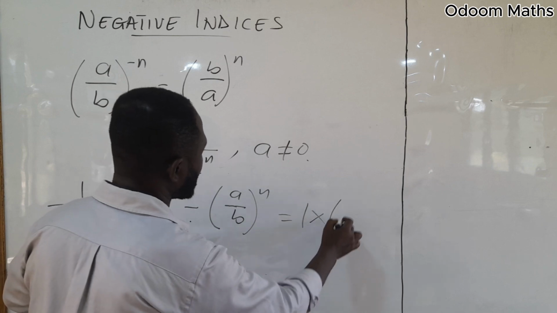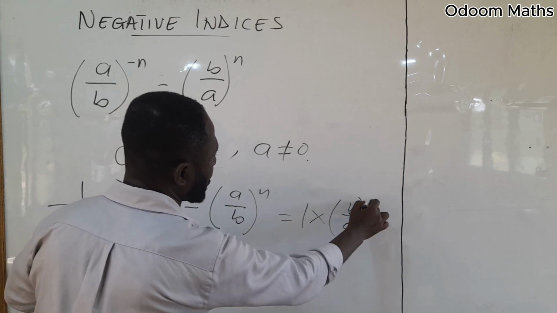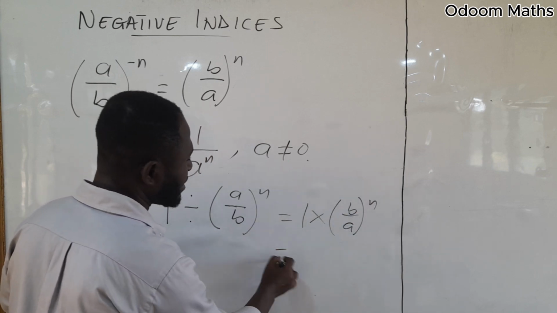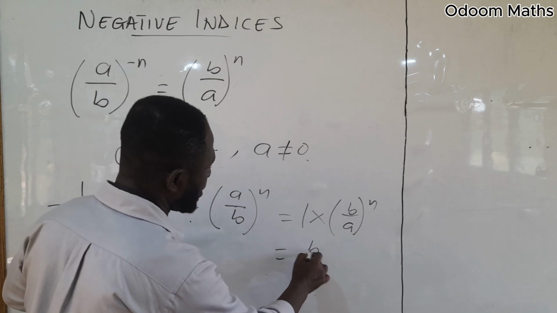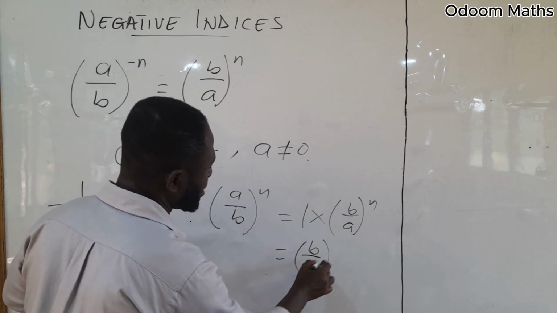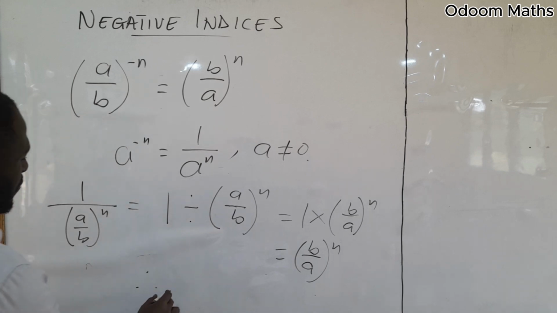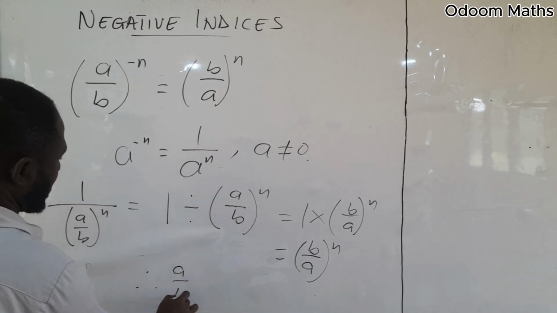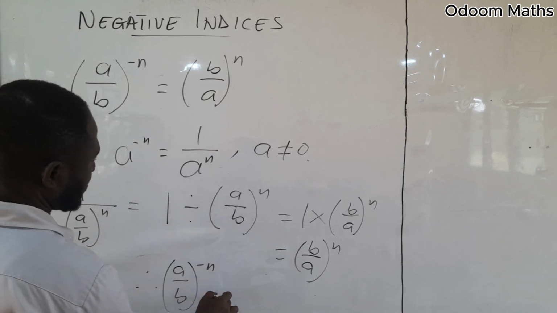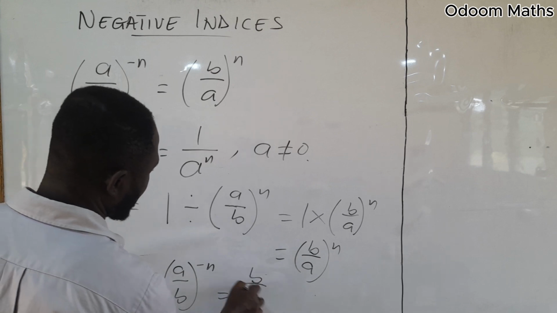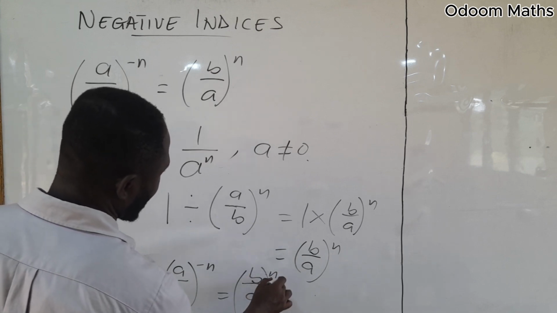So that is going to be b over a to the power n. And 1 times anything is the same thing. So b over a becomes to the power n. And therefore a over b raised to the power negative n becomes b over a to the power positive n.